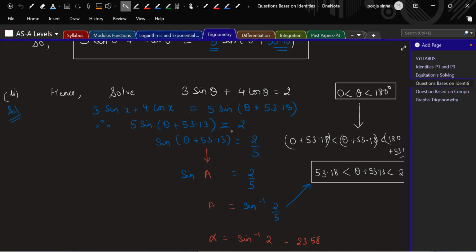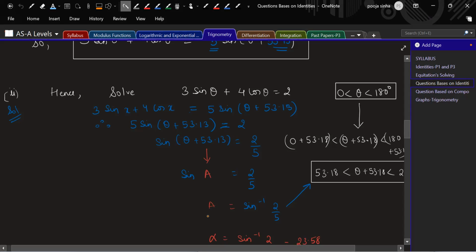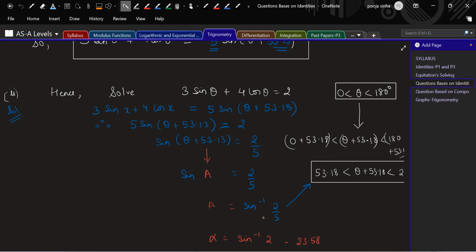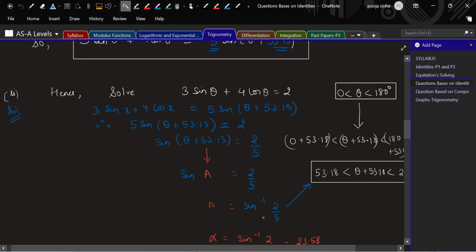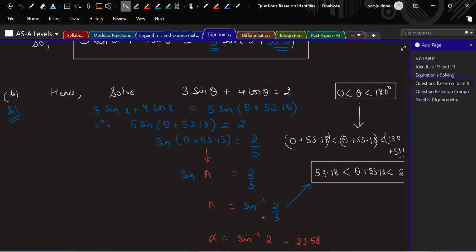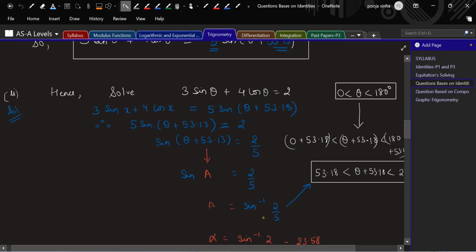The rest of the thing you know. Figure out the answer. So the entire theta plus 53.13 is sine inverse of 2 upon 5, right? We won't take 53.13 to that side.